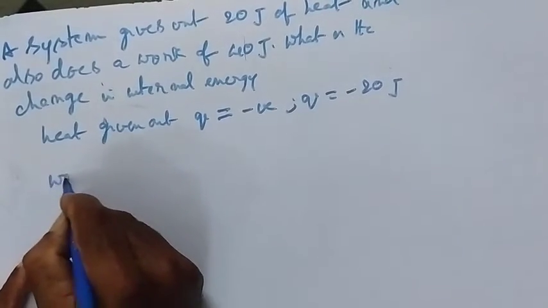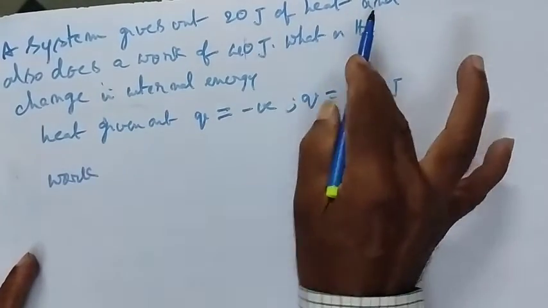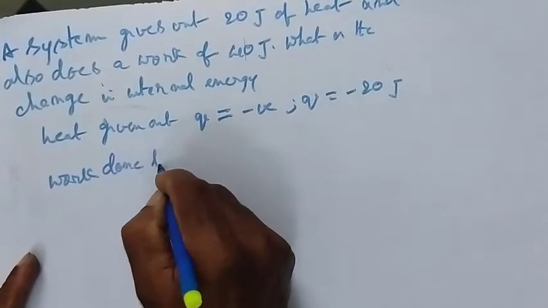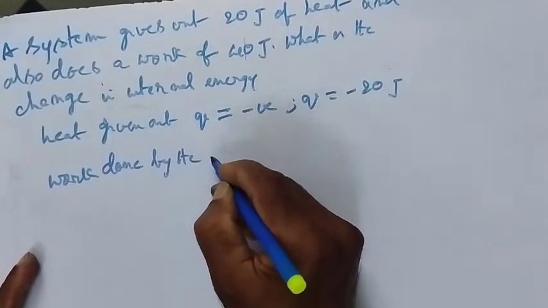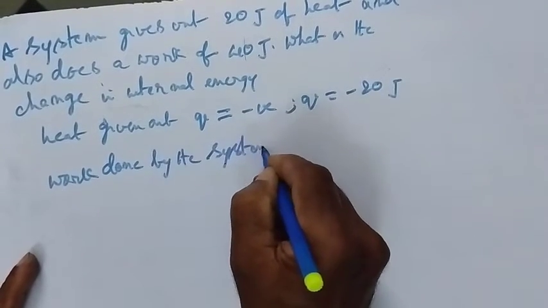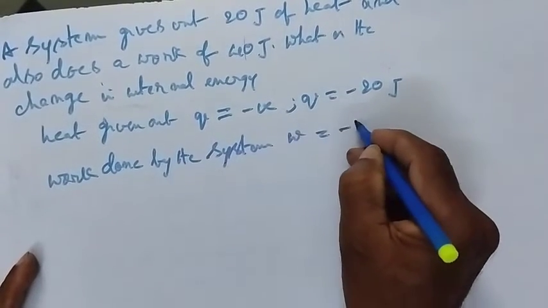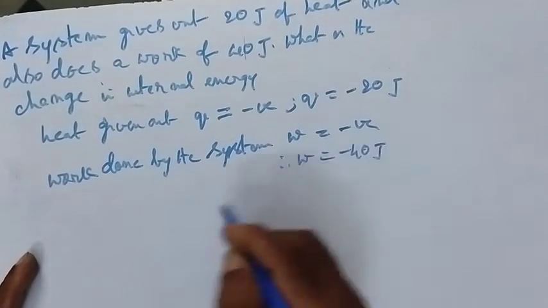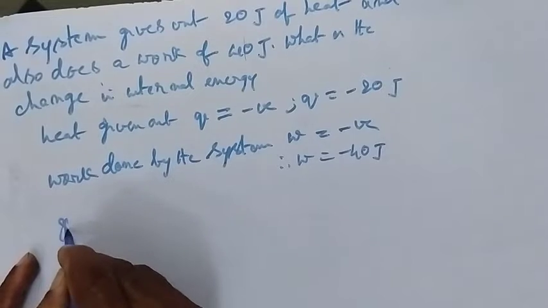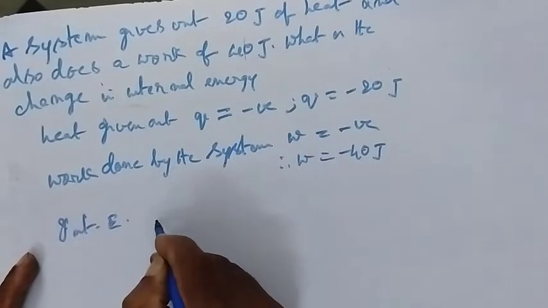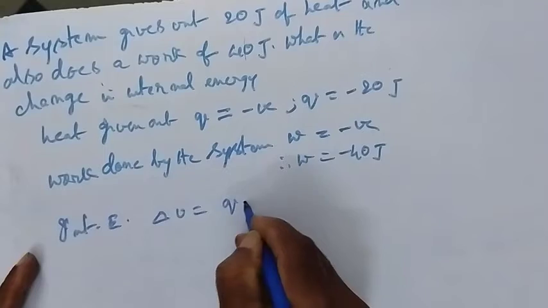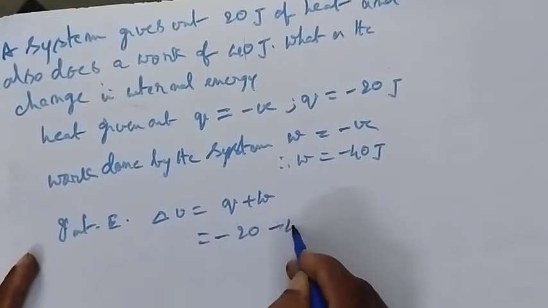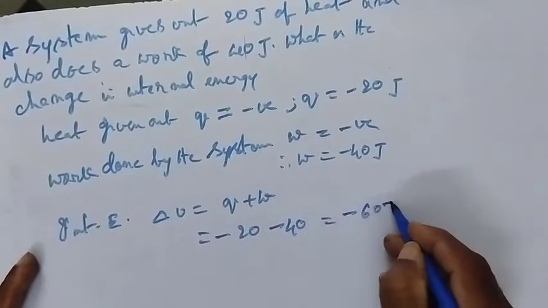Work done by the system, W is also negative, therefore W equal to minus 40 joule. Now internal energy delta U equal to Q plus W. Q is minus 20, W is minus 40, therefore this is equal to minus 60 joule.